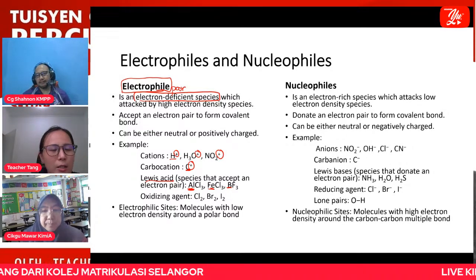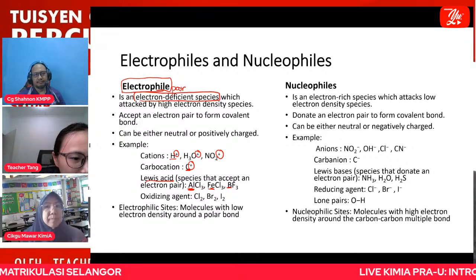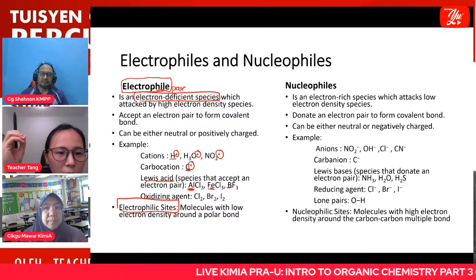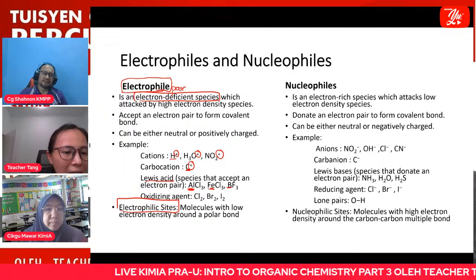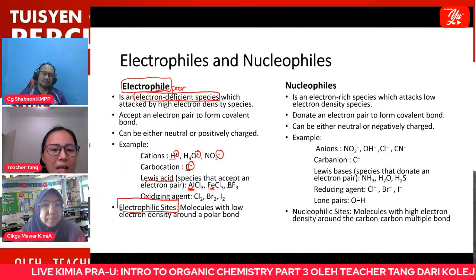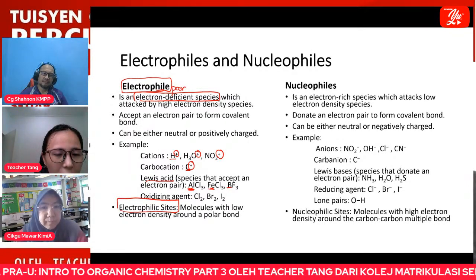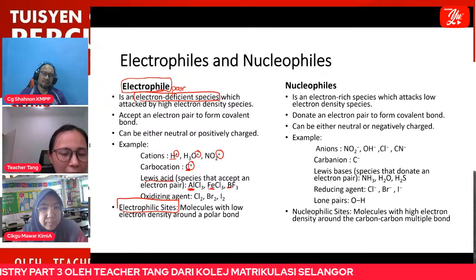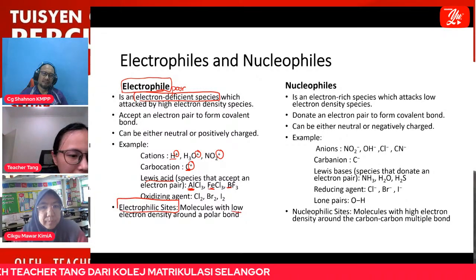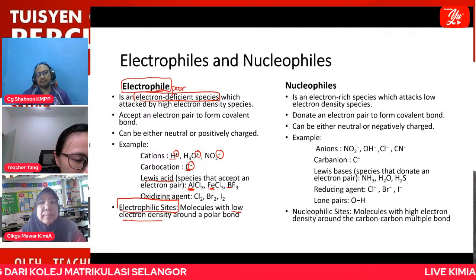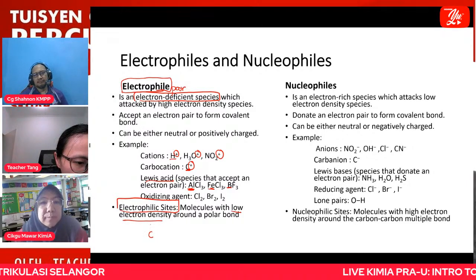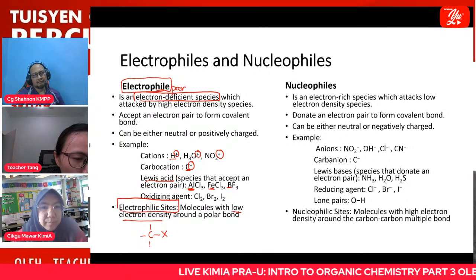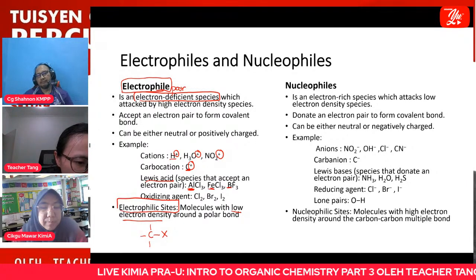So what is an electrophilic site? You must not confuse electrophile with electrophilic site. An electrophilic site refers to a carbon that has low electron density, for example a carbon attached to a halogen.